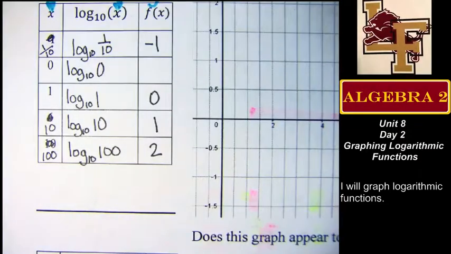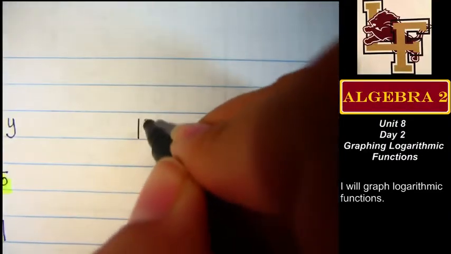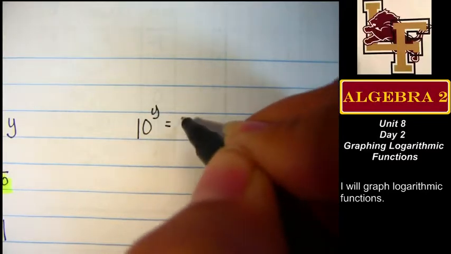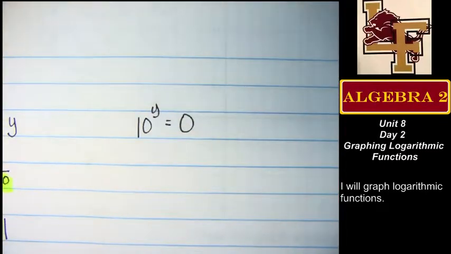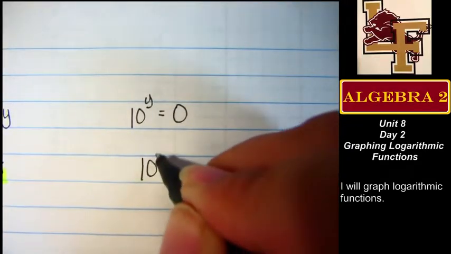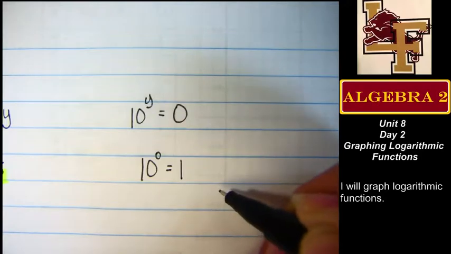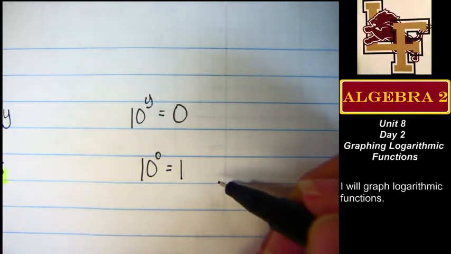Now I'm stuck talking about this log base 10 of 0. We need to find how many times we multiply 10 to itself to give us 0. All right, if I take 10 to the 0, it's 1, because anything to the 0 power is 1.